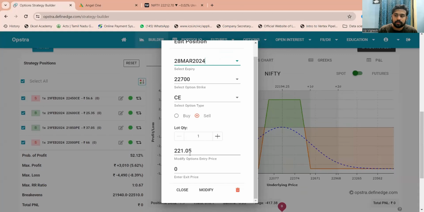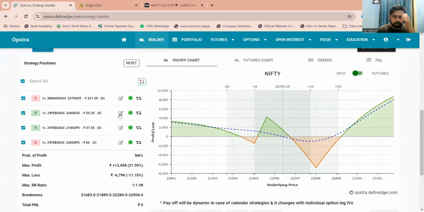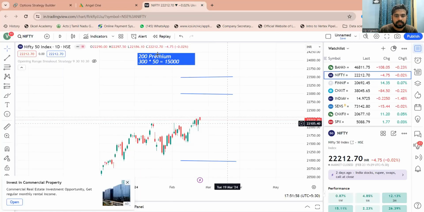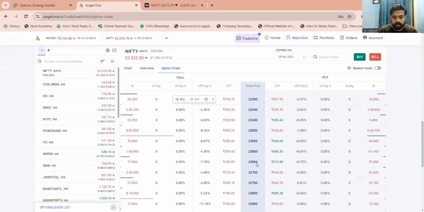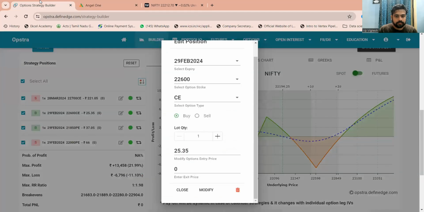So that you can see, as I mentioned, during this time you are getting a good amount of premium as well. Again, what we are going to do now is buy a far out of the money option, around 500 points out of this. So it's more like 15 strike prices again. We already saw 22,700, and here a 5 point strike price, 22,950.